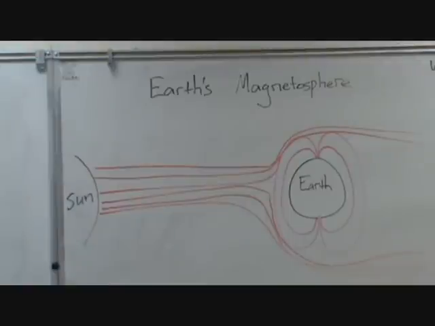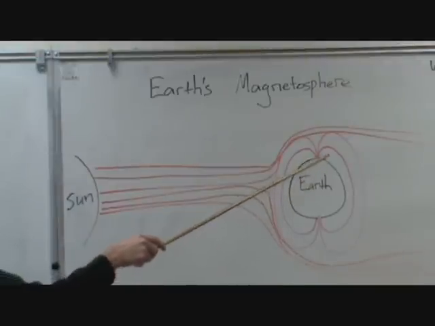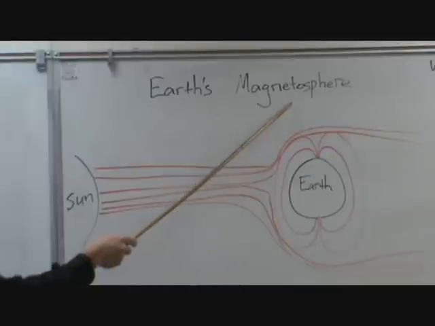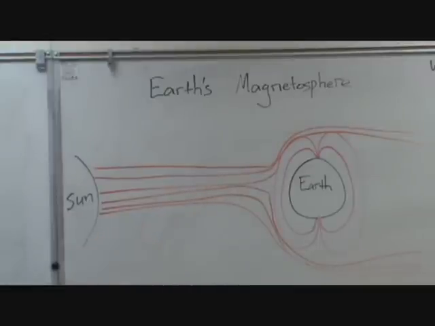First of all, it's important to know that the Earth's outer core creates this electromagnetic sphere called the magnetosphere, because when you have metal circulating around other metal, you create an electromagnetic field. So the Earth has a huge electromagnetic field surrounding it called the magnetosphere.